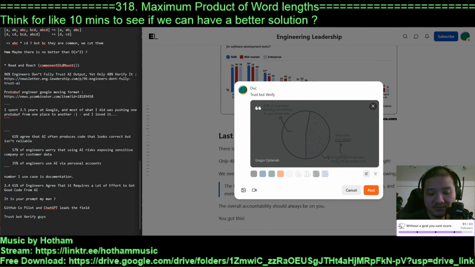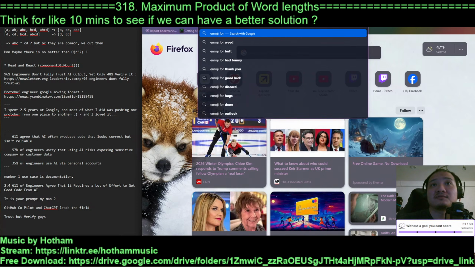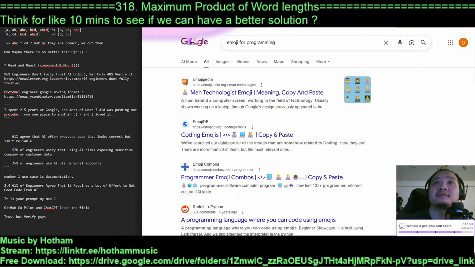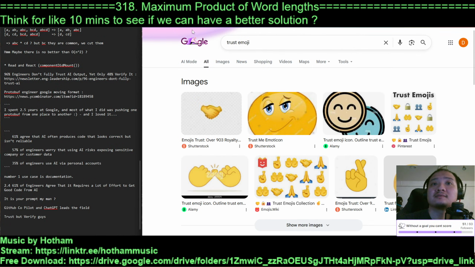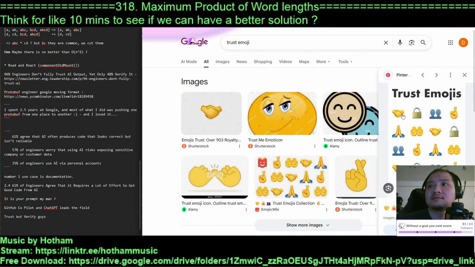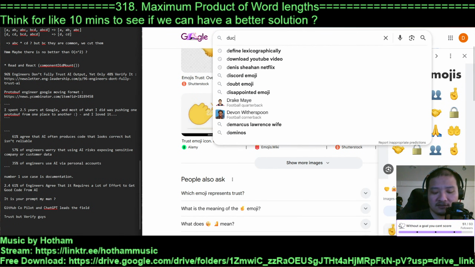Can I do some emoji? Emoji programming. Okay. Let's do a duck. Duck emoji.